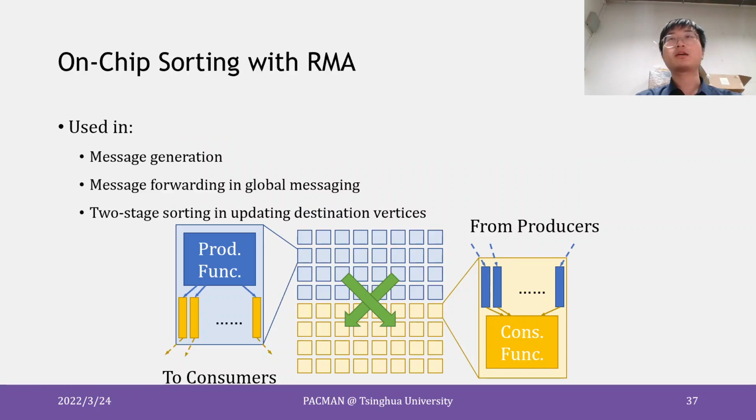The OCS RMA kernel is widely used in our implementation. This includes message generation during edge processing, message forwarding in global messaging required by the L2L subgraph, and two-stage sorting, which is responsible for all destination L vertices updating.